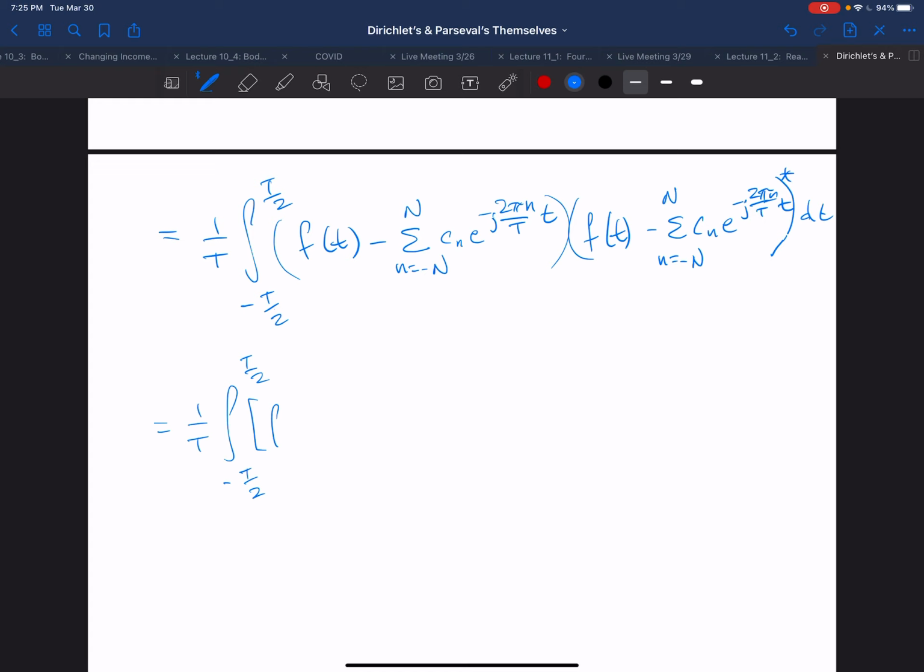Okay, well, first of all, we'll have a term that's just f of t times its complex conjugate. Then we'll also have a term that looks like f of t times the sum from n equals minus N to N of Cn star, times, sorry, these should have been pluses here, but now we're going to get a minus from taking the complex conjugate.